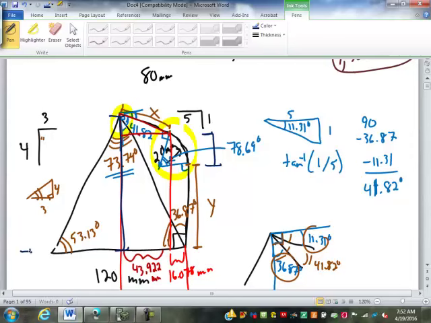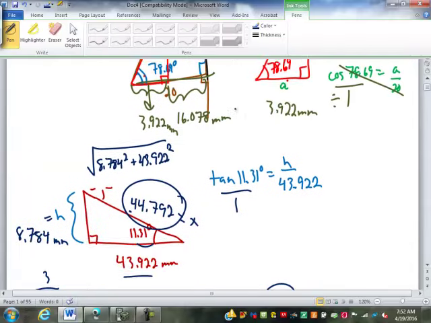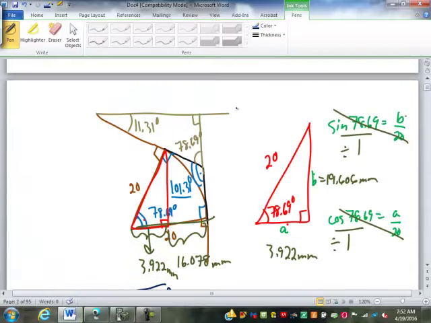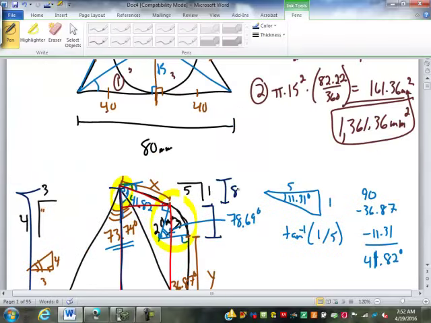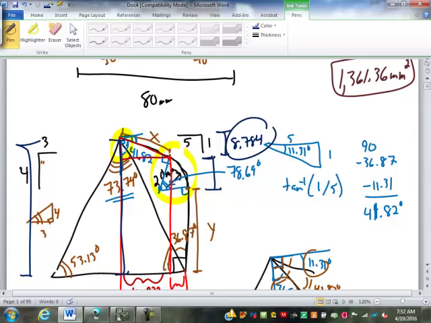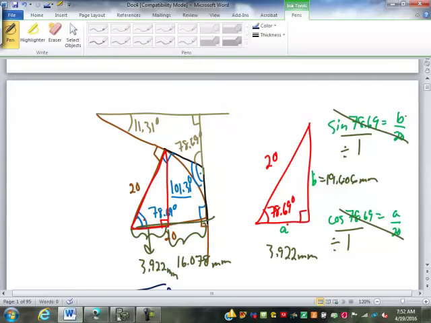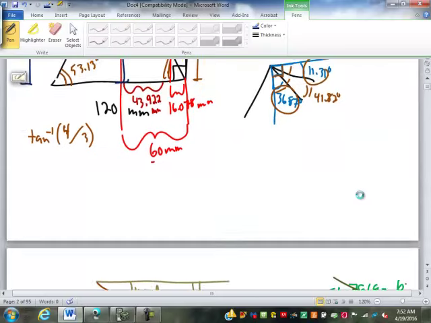So P from here to here is 80 millimeters. But I just found out that from here to here was 8.784 millimeters. And I calculated earlier that the height of this triangle here was 19.606.